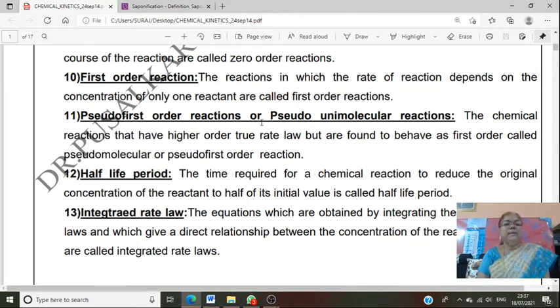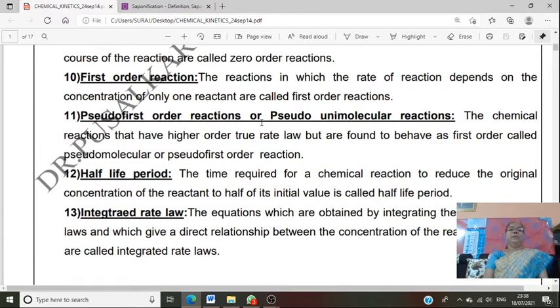The chemical reactions that have a higher order true rate law but are found to behave as first order. Here the concentration of one of the reactants remains constant because it has a greater concentration, and so it does not alter the rate of reaction. Such reactions are called pseudo unimolecular reactions or pseudo first order reactions.